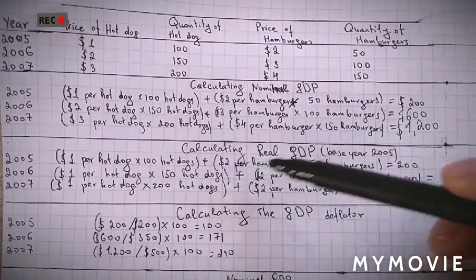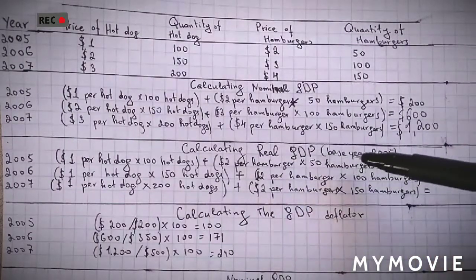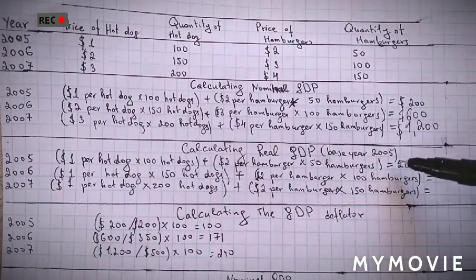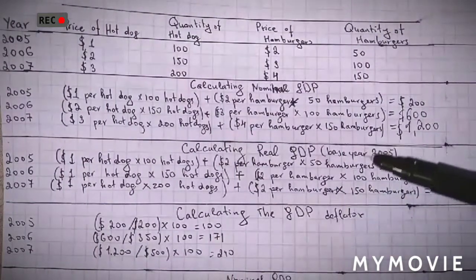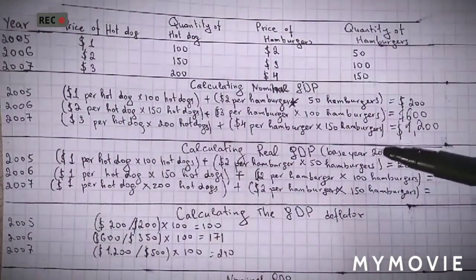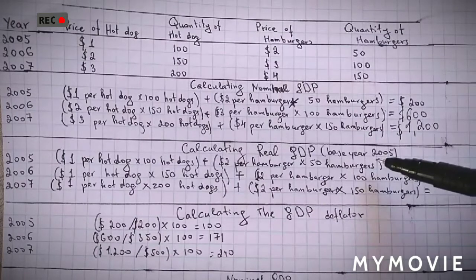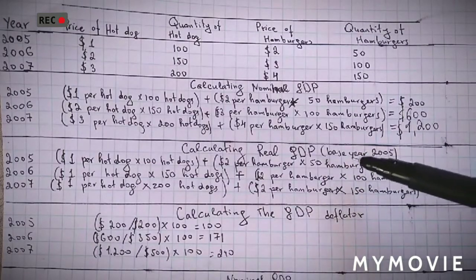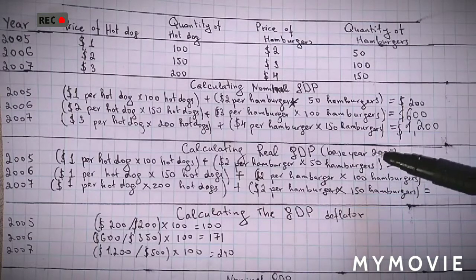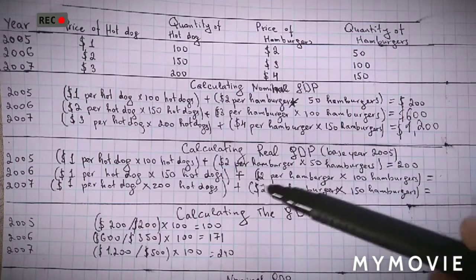Okay, how about calculating the real GDP according to base year 2005? Why are we mentioning that 2005 is the base year? Because we need to calculate according to the base year for each year.